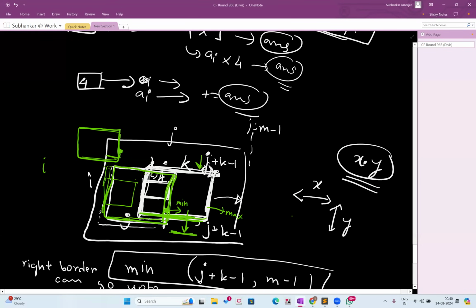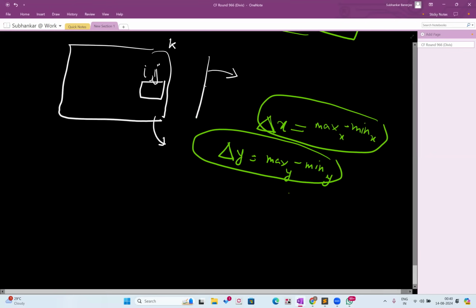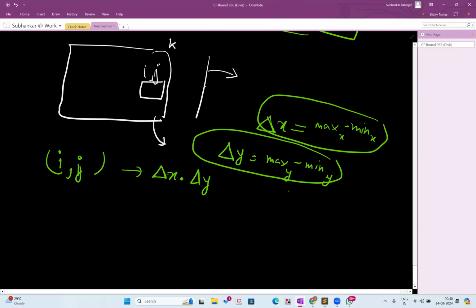So that delta y will be the difference. So basically, this (i, j)th cell will be part of delta x into delta y number of subsquares.